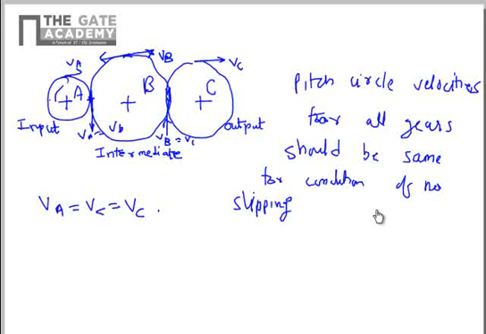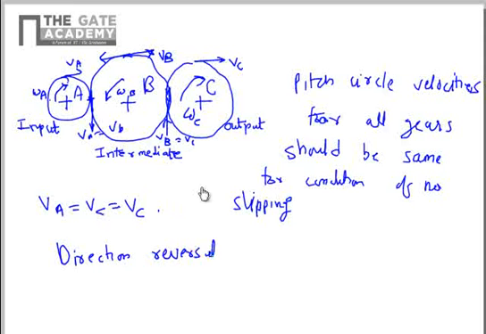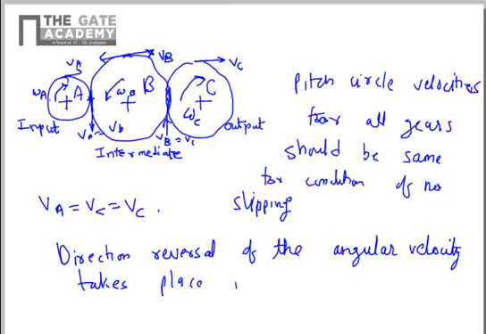Now we can calculate the pitch circle velocities. Let's say gear A is rotating at an angular speed of omega A, then B will be rotating at an angular speed of omega B, and C will be rotating at an angular speed of omega C. You can see that direction reversal of the angular velocity takes place for each gear pair.